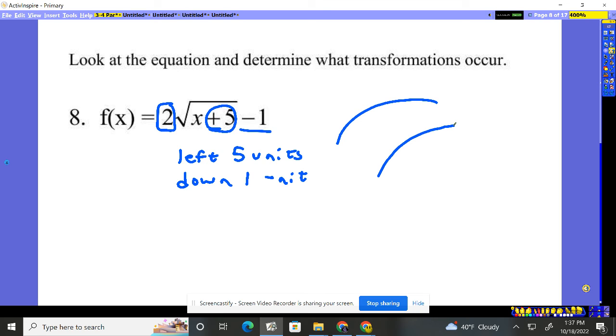So that 2 is going to make it stretch vertically. It's going to go up a little bit faster than it normally would because we're multiplying by 2. So it's making the y value go up faster. So what I asked you to do is call it stretch vertically. It's going to stretch vertically.